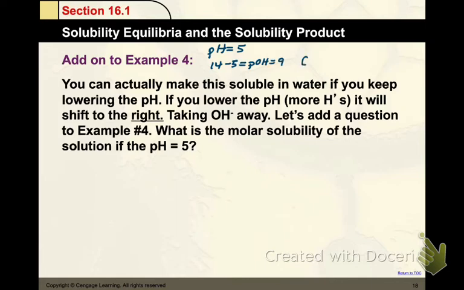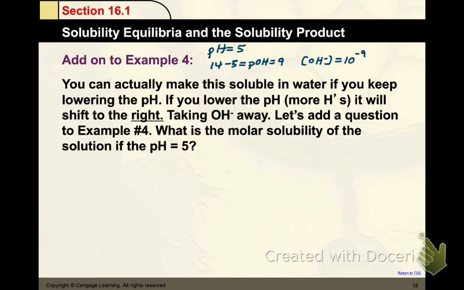So we're dealing with a starting OH minus concentration of 10 to the minus 9. So instead of 10 to the minus 7's initial concentration, we'll have 10 to the minus 9.